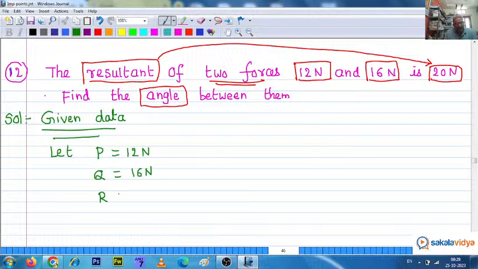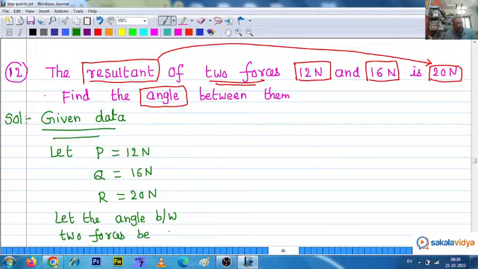The resultant R is equal to 20 newtons. Now let the angle between the two forces be theta. Theta is to be evaluated using the parallelogram law of forces.